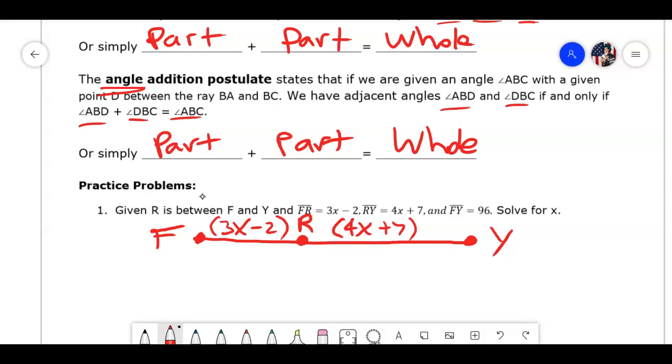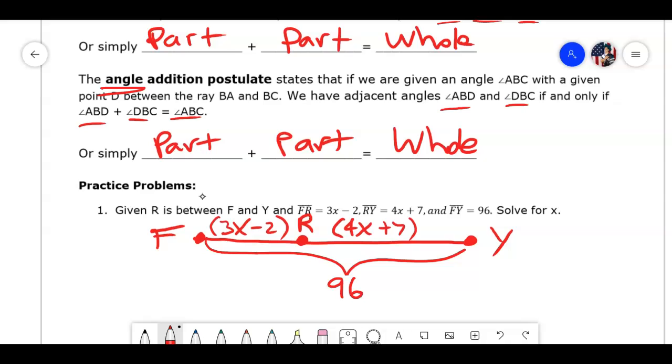So would you agree those are the two parts? Now we need the whole thing, and it tells us FY, which is all the way across, is 96. Okay, so now I have a picture.